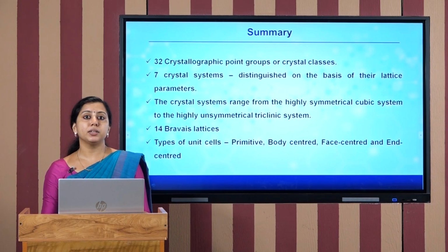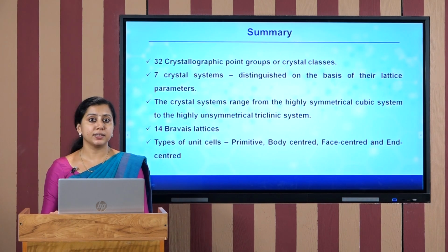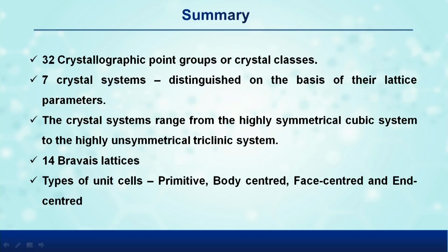So, in this session we have seen the 32 crystallographic point groups or crystal classes, the 7 crystal systems distinguished on the basis of their lattice parameters. The crystal systems range from the highly symmetrical cubic system to the highly unsymmetrical triclinic system.